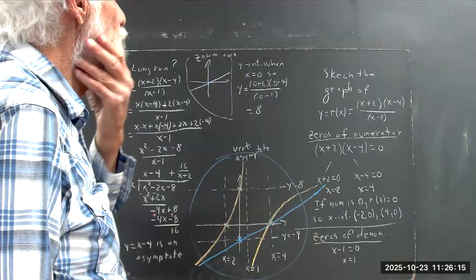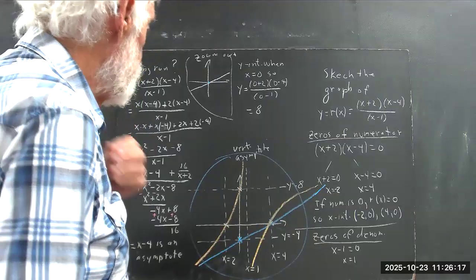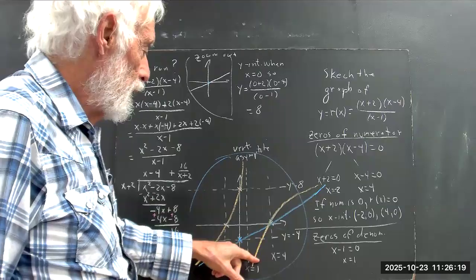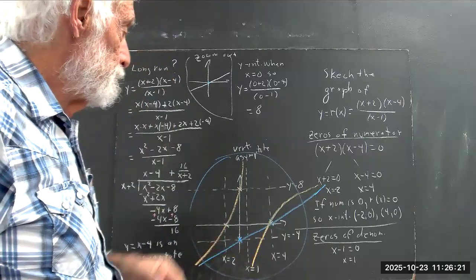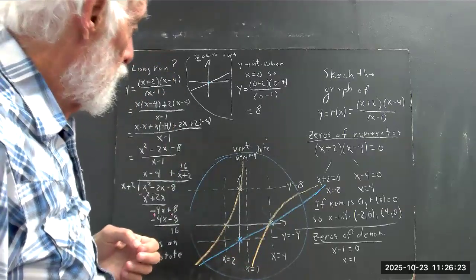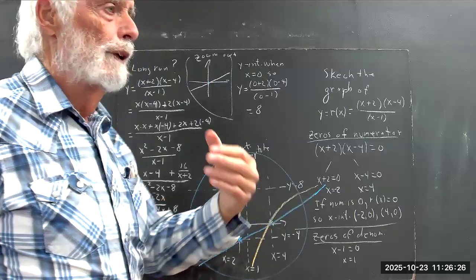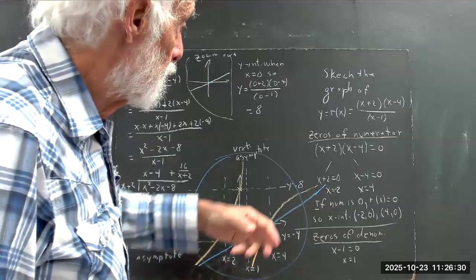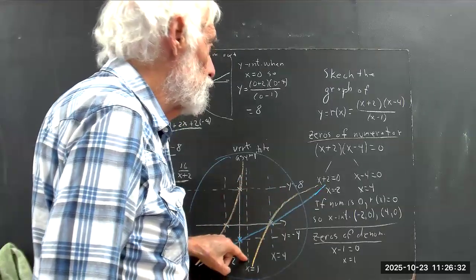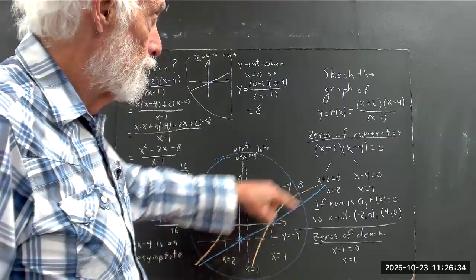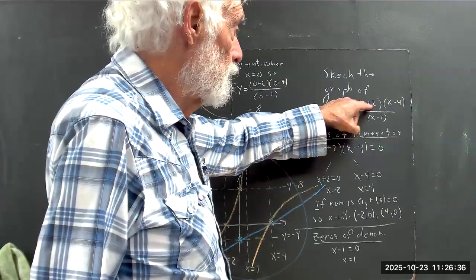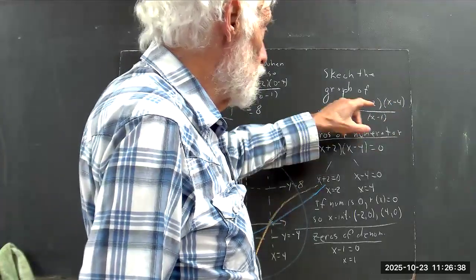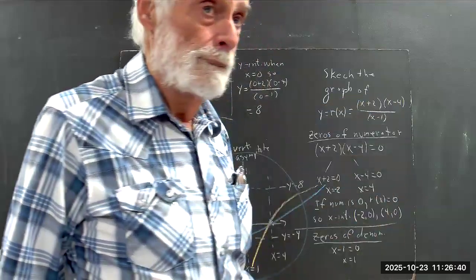The other way we know that the thing acts like this is that it behaves as a reciprocal function. If x is close to 1, then x plus 2 times x minus 4 is close to -9.